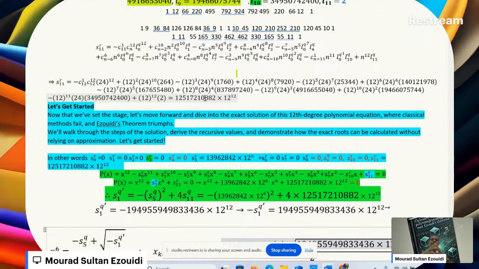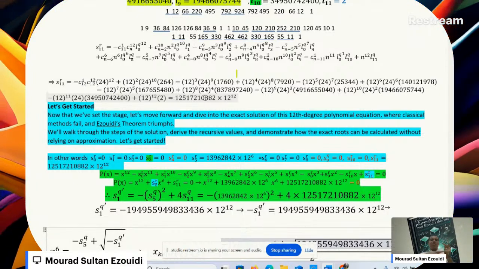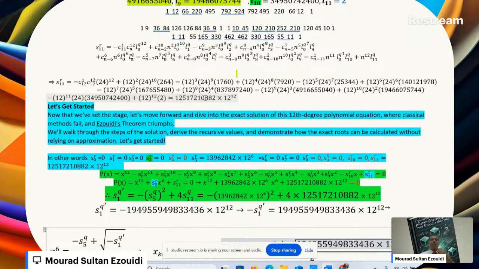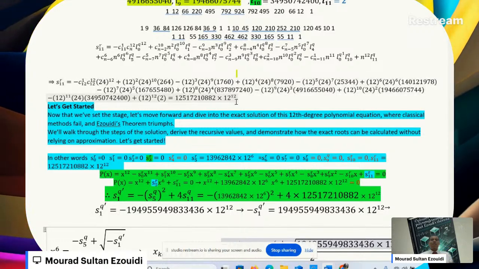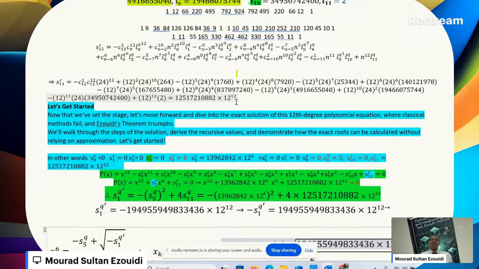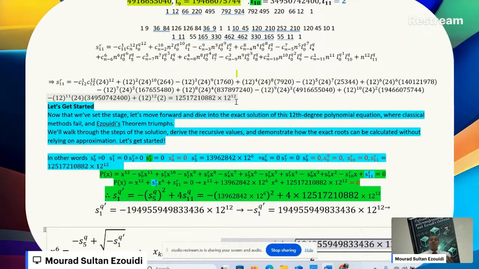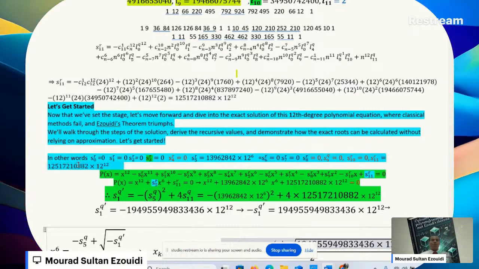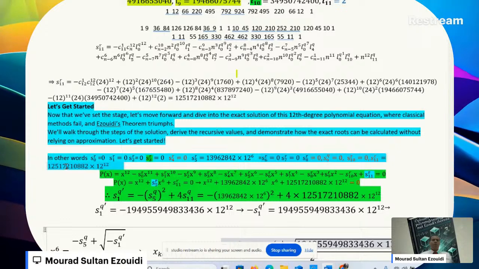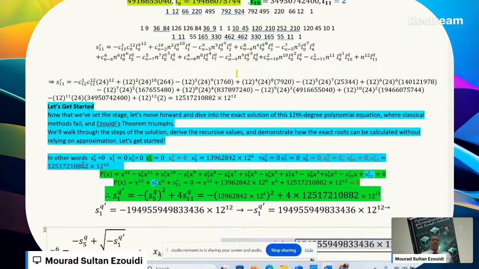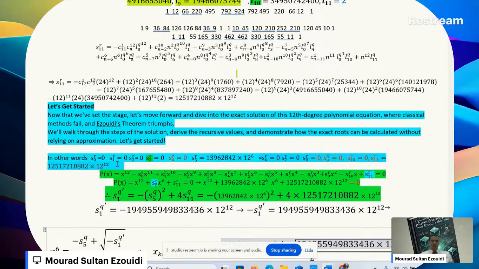So we summarize: S0 is 0, S1 is 0, S2 is equal to 0, S3 is equal to 0, S4 is equal to 0, but S5 is going to be equal to 13 million 962,842 times 12 raised to the power 6. S6 is going to be equal to 0, S7, S8, S9, S10, all of them are equal to 0 except S11, which is equal to 12,570 million 210,882 times 12 raised to the power 5.